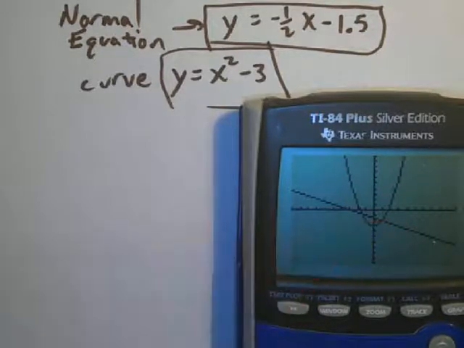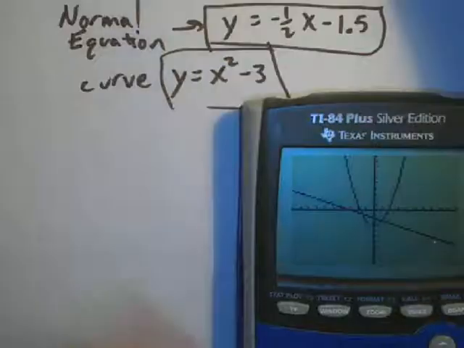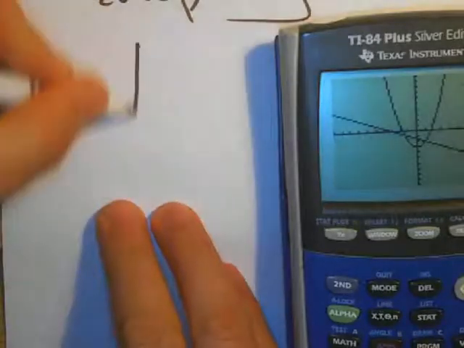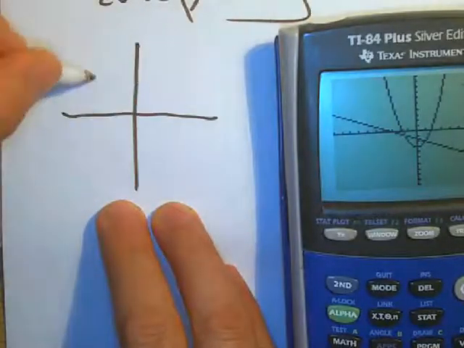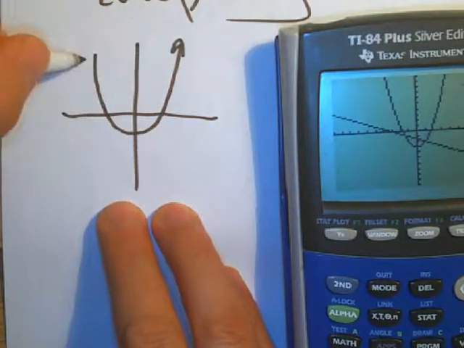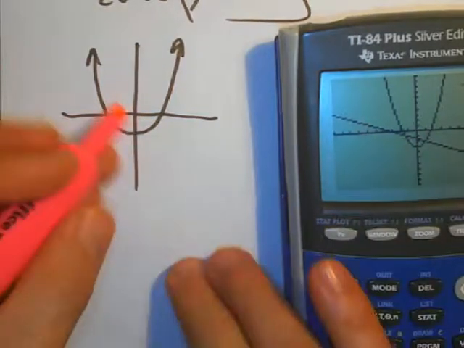So basically my graph that we've just drawn looks like this. And this line right here is our normal.